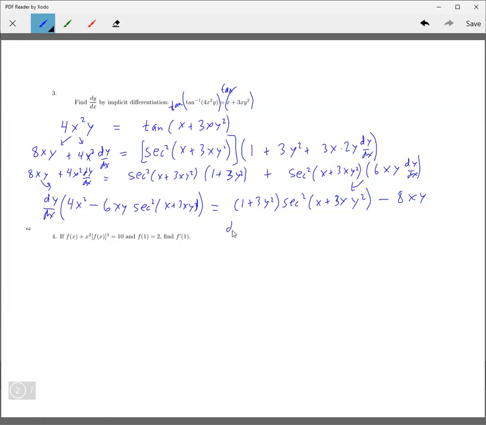So I have dy/dx, and this goes to the denominator of the other side.